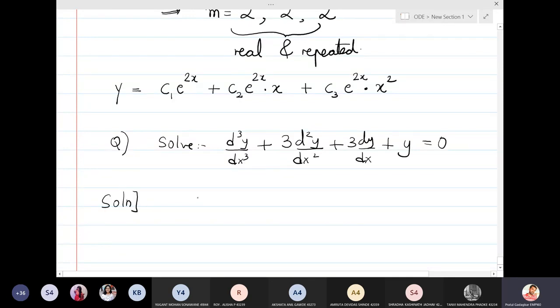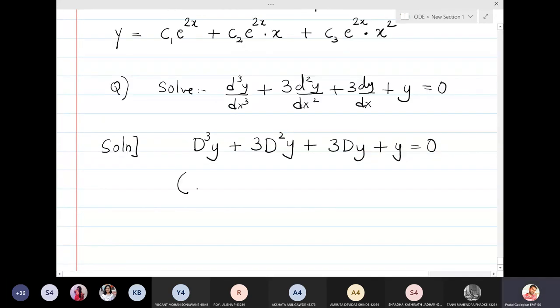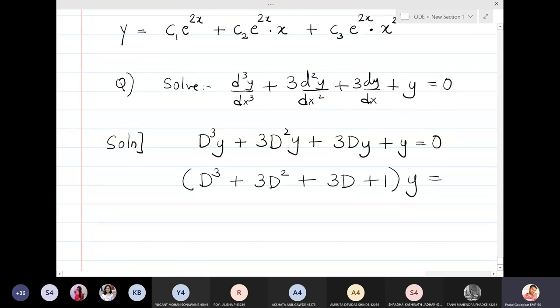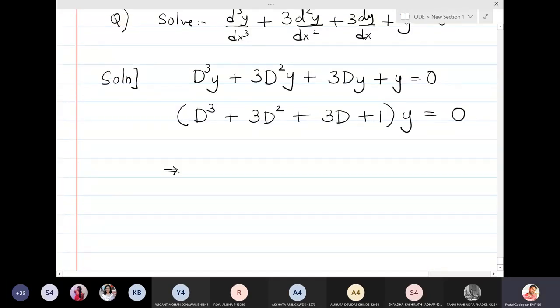So this means that it is d cube y plus 3 d square y plus 3 dy plus y equal to 0, which is d cube plus 3d square plus 3d plus 1 times y equal to 0, which is nothing but d plus 1 cube, this is the formula of d plus 1 cube, y equal to 0.